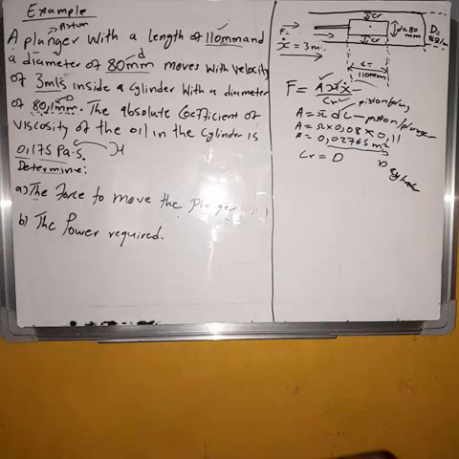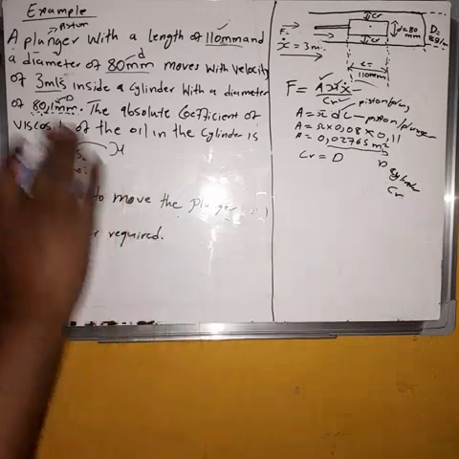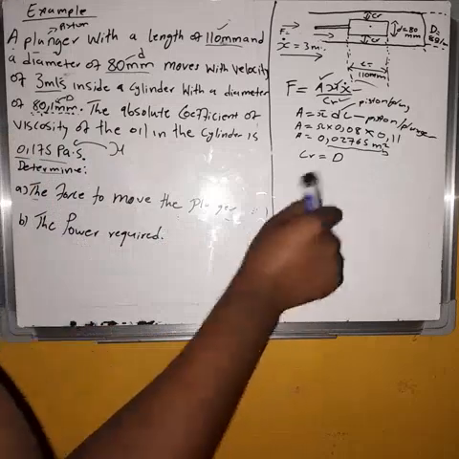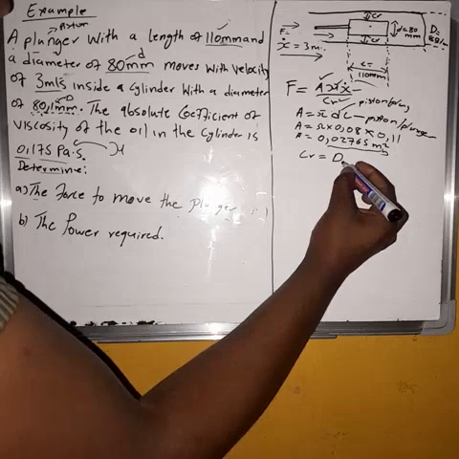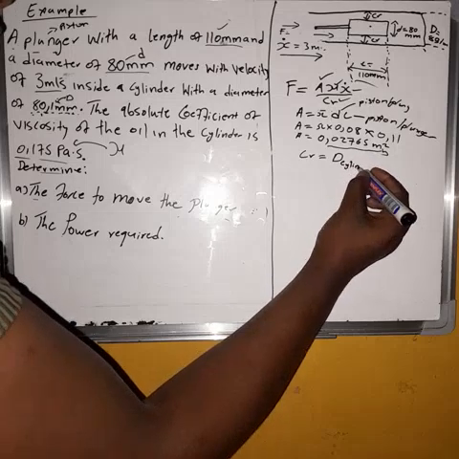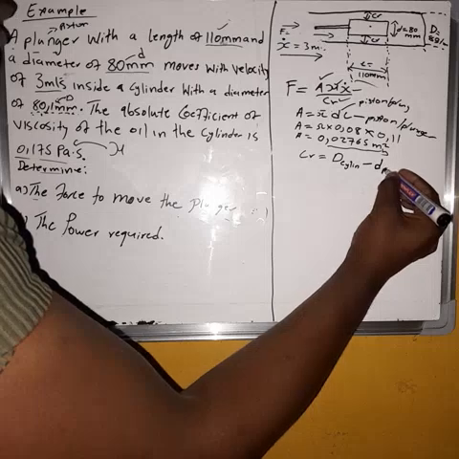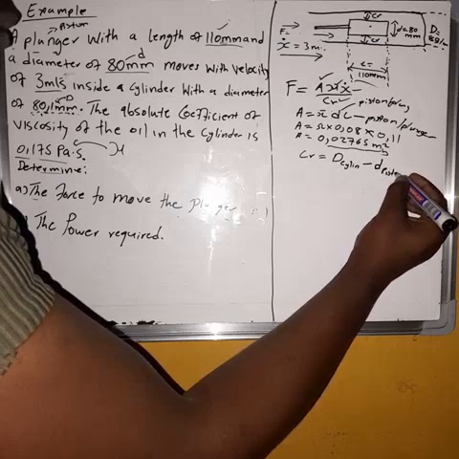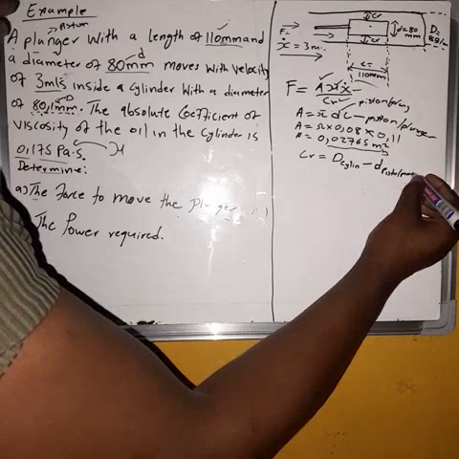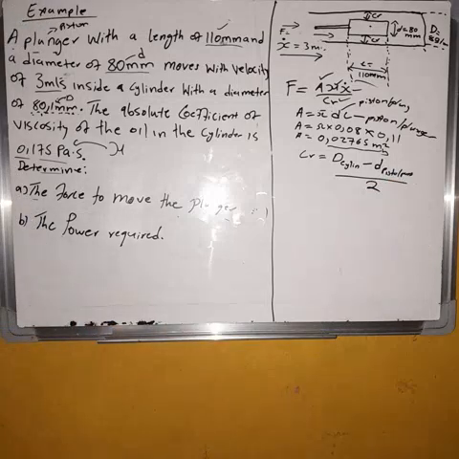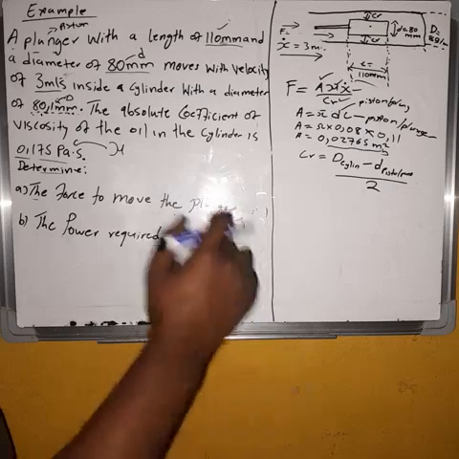Nothing else. Clearance is the diameter of the cylinder minus small d of the piston or flange, divided by 2. Always. Do not make a mistake.